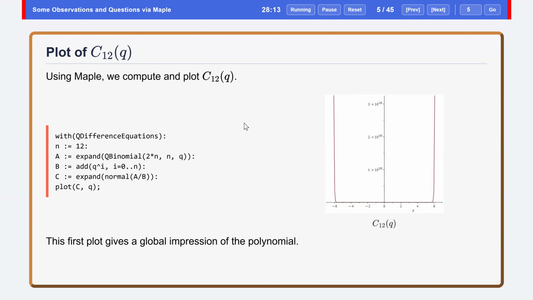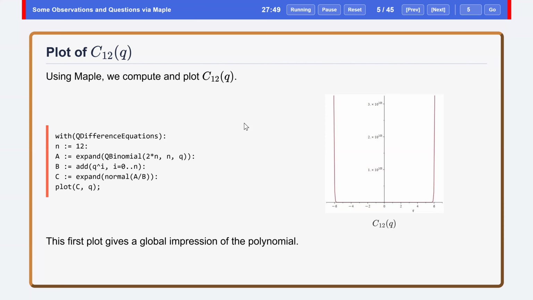Using Maple, we compute and plot the q-Catalan numbers as a polynomial for n equals 12. On the right-hand side, that's how it looks. This is a plot that gives a global impression about the polynomial.